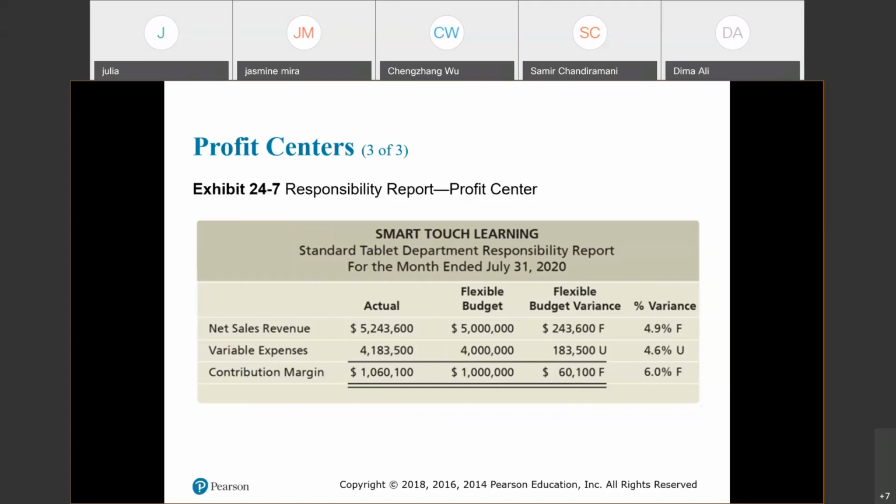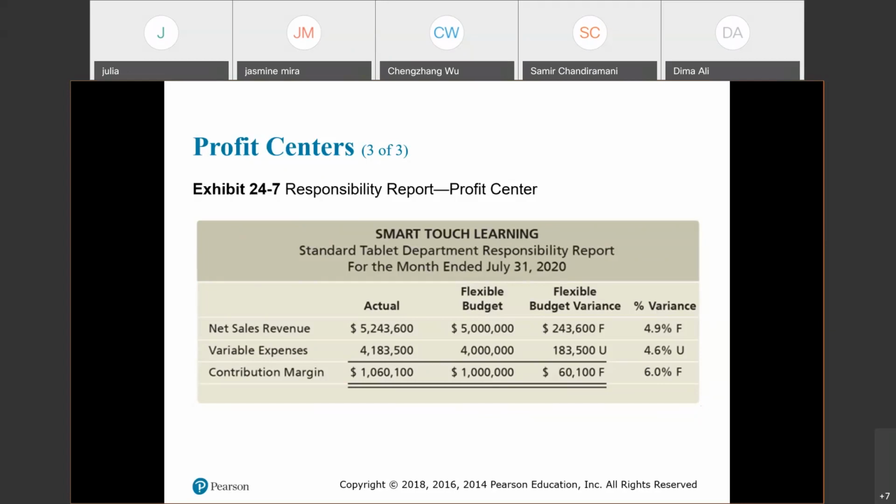But you should keep in mind that even if the department is charged for the services, the charge would most likely be included in the department's performance reports, but not be included in the responsibility report. Responsibility accounting holds the managers with the most influence for the cost accountable for the cost.